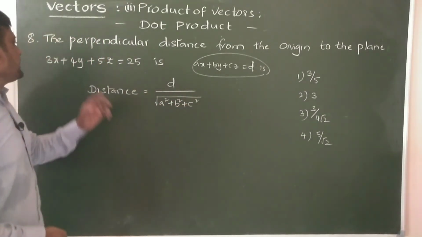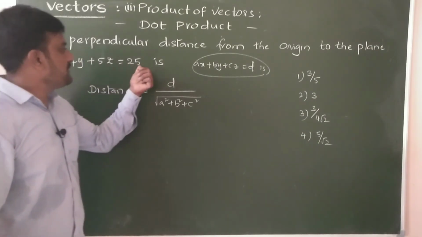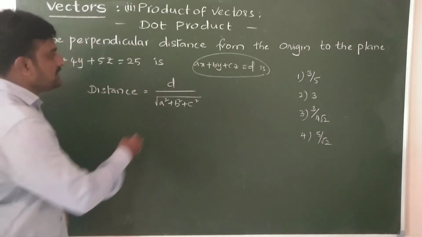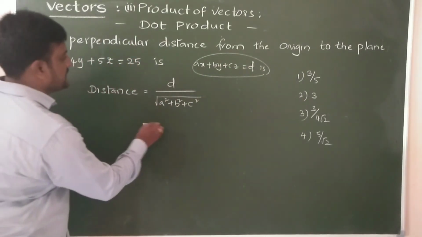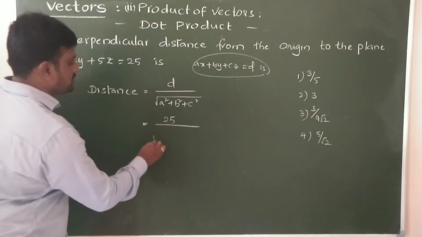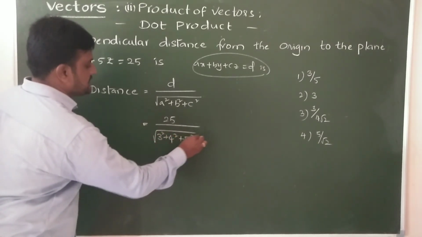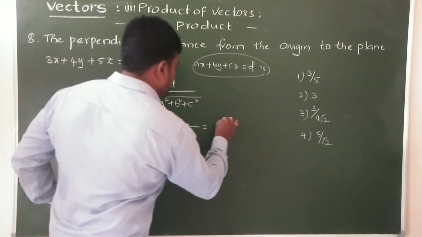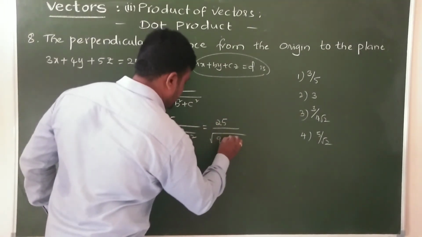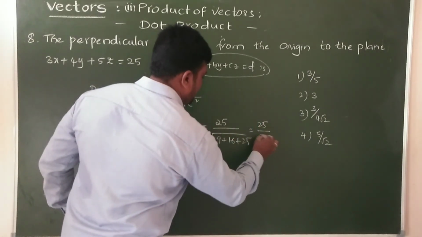Now comparing 3x plus 4y plus 5z equals 25 to ax plus by plus cz equals d, here a equals 3 and d is 25. So the distance is 25 by root of a square plus b square plus c square, which equals 25 by root of 9 plus 16 plus 25, equals 25 by root 50.